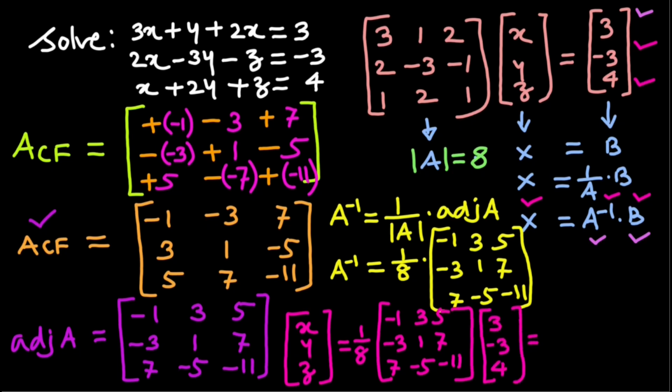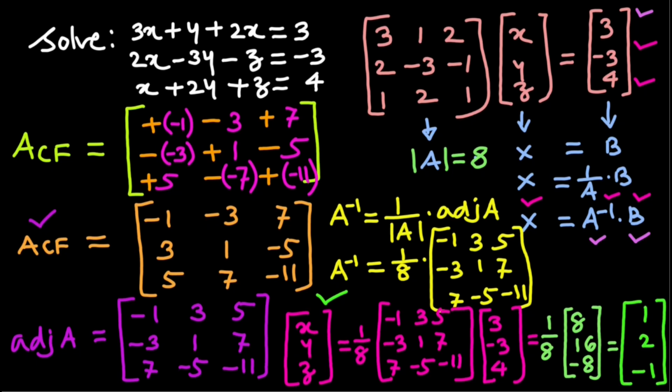It will be 1 by 8 times this matrix multiplication, which works out to be 8, 16, minus 8. That gives us the variable matrix x, y, z as 1, 2, minus 1.